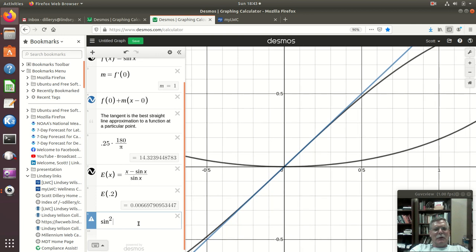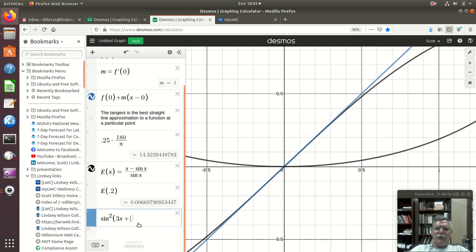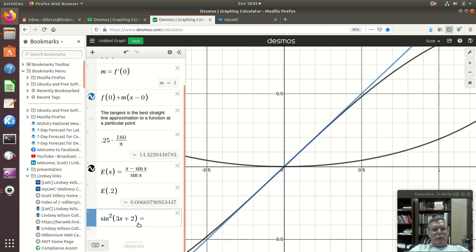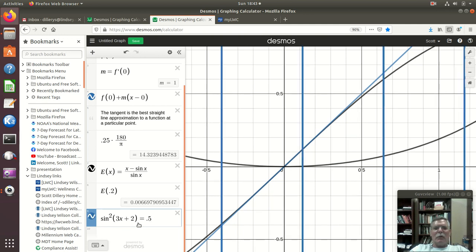So sine squared of 3x plus 2 is equal to, I don't know, 0.5, say. Wow, and it solved it. So that's nice. I mean, we got lots of different answers here, and we got this one.